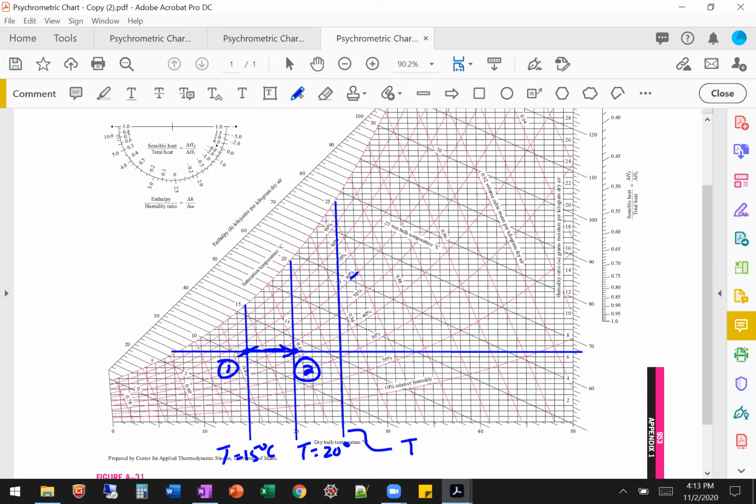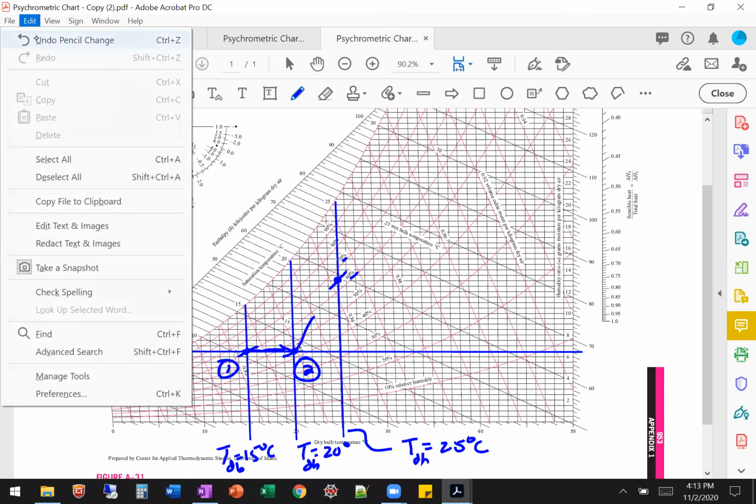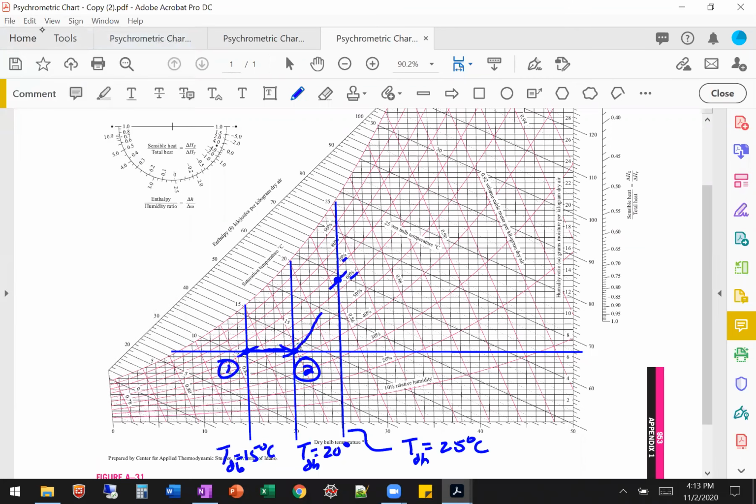This is 25 dry bulb, right? And 65% relative humidity. So we have our 60, 65 is right in between, 70, 60s. So we're right about there. So for our point, when we're injecting, we're going from 2 to 3.